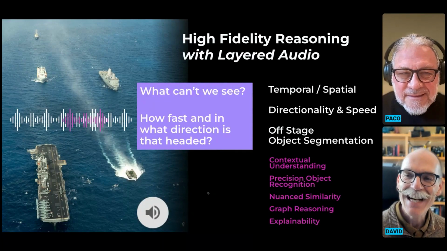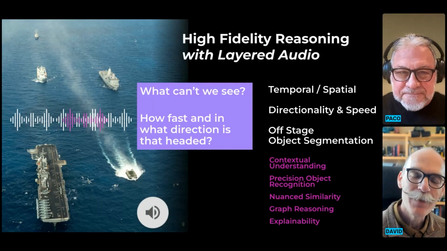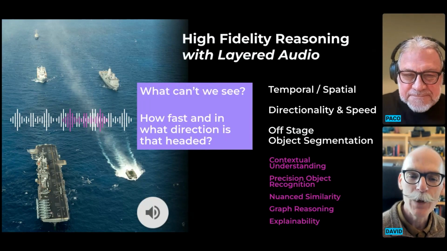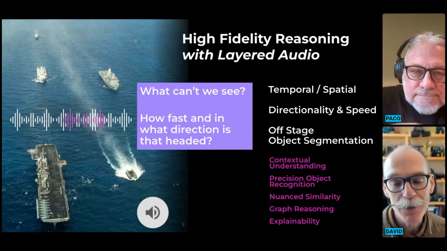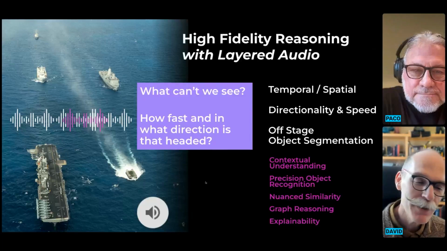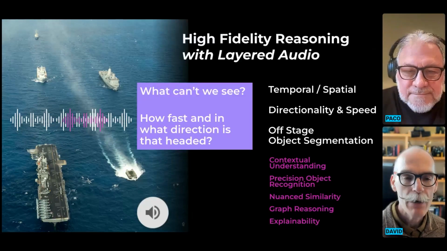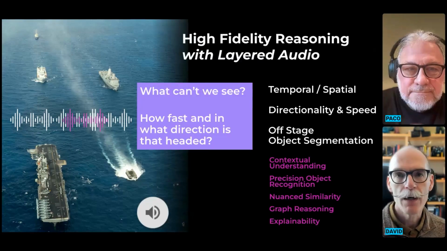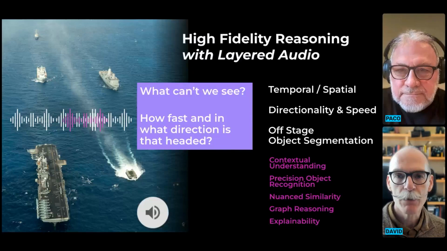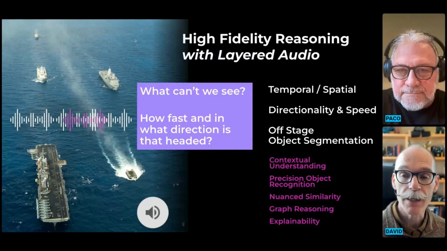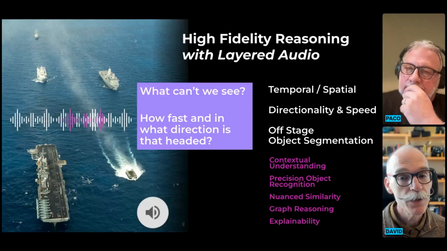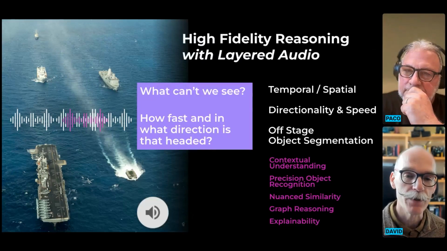Yeah, and so that's the thing. In this image, now we're going to talk about audio. We can't see helicopters in this image. And I can tell you there actually is a helicopter in this image, but it's very tiny. However, if we start to bring in audio, we start to be able to do some interesting things. One, we can do off-scene segmentation. So what was heard in the picture, but not seen in the picture.